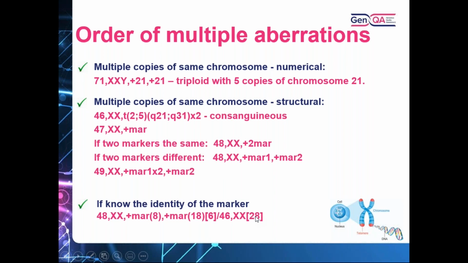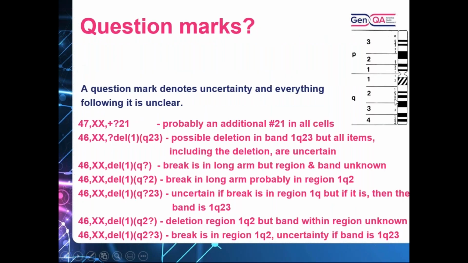Question marks. A question mark denotes uncertainty, and everything following it is unclear. So as I mentioned earlier, that's your p arm, this is your q arm, here's your centromere. These are the regions 1, 2, 3, and then these are the bands. I've tried to do this as it's progressing through where the uncertainty is.